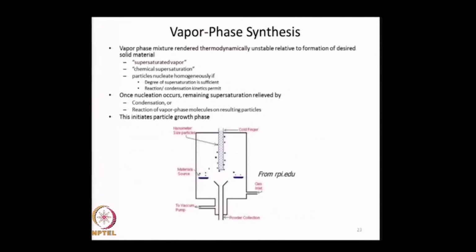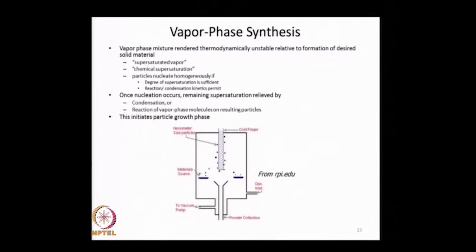So, what you do is you essentially take a saturated vapor or a supersaturated vapor and you provide an impetus for nucleation. Now, this can happen either homogeneously or heterogeneously.